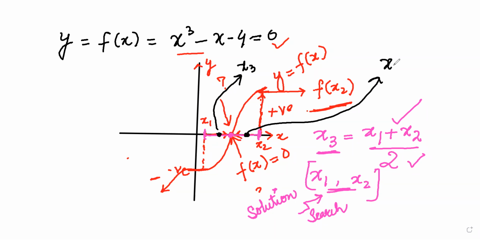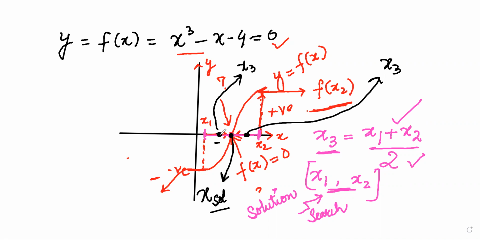That is, our x3, the next assumed point, can be on the left hand side or on the right hand side of our solution point. Let me call this solution point x solution.